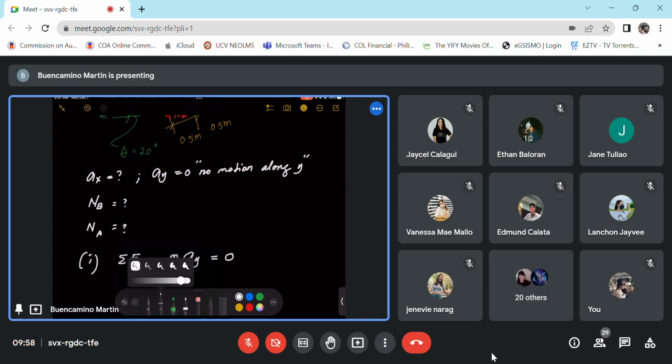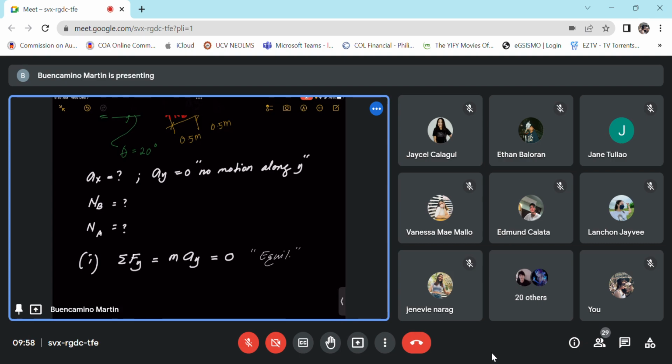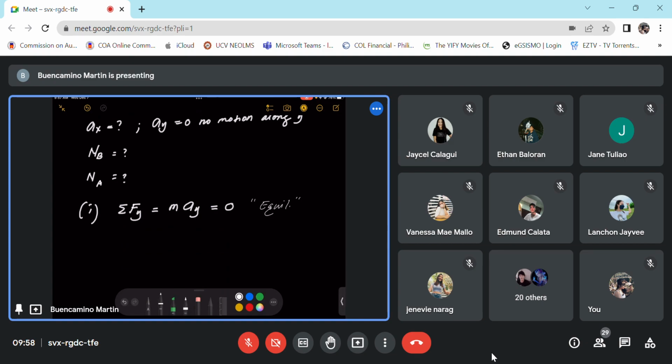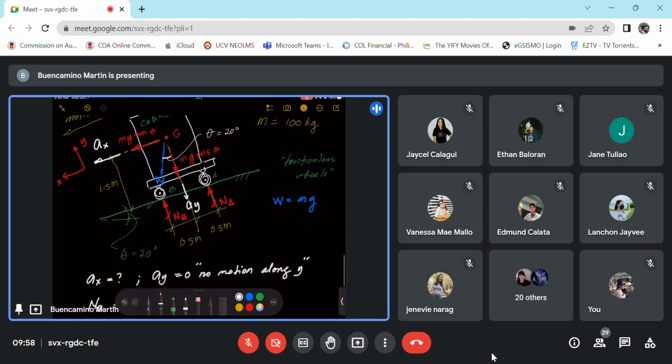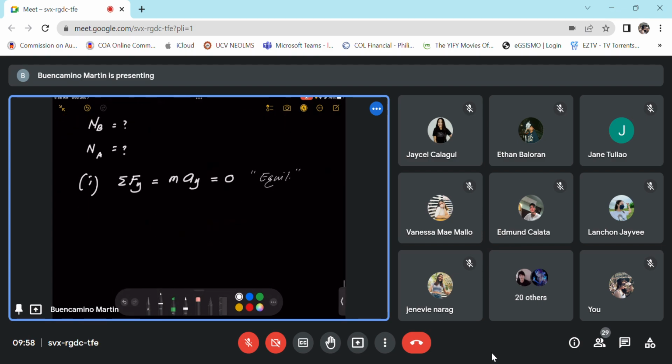Okay, I hope you understand what I'm saying here. And so, looking at the free body diagram, all forces acting along Y, we have NB and we have NA.